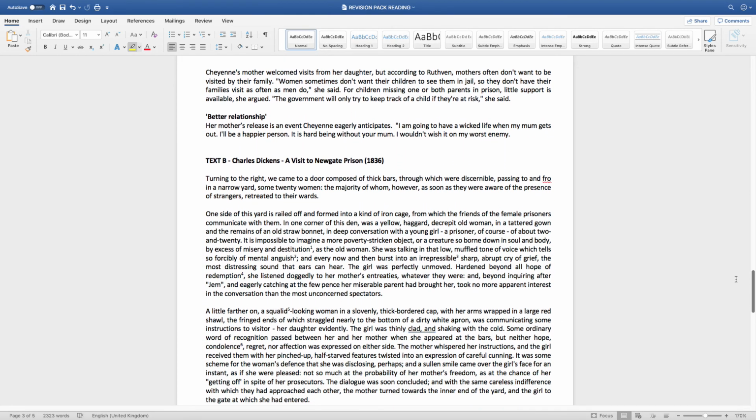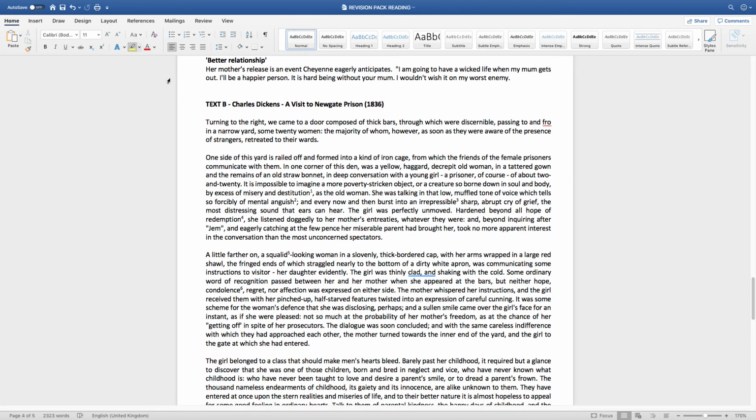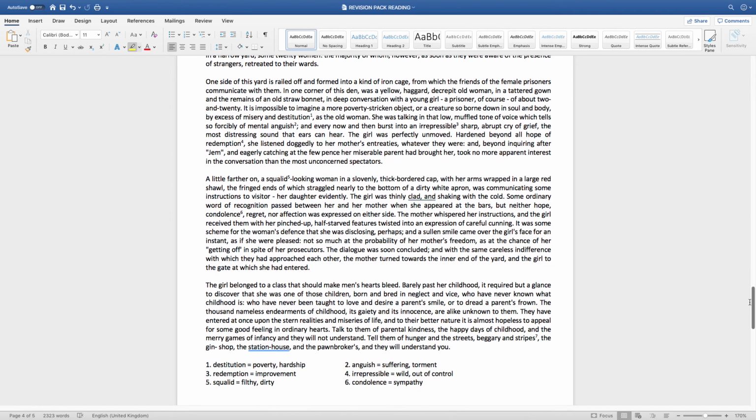And then for Charles Dickens, once you've got past the content, in terms of techniques, I'd say there's a lot of emotive language, the main technique that he uses here. So: hardened beyond all hope of redemption, a squad-looking woman, slovenly thick-bordered cap, thinly clad and shaking with the cold.